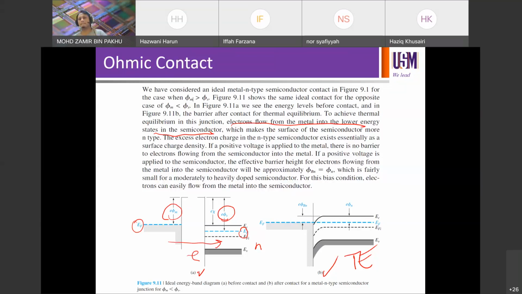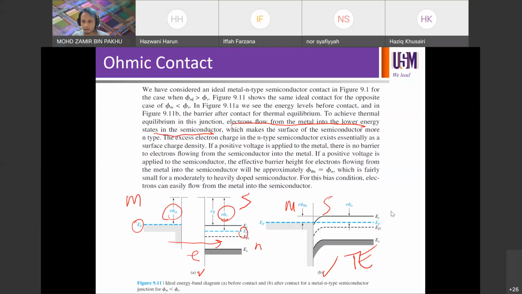Okay, let me just finish off this slide and then we're done. Anyone? Why is it flowing from left to right? Metal into semiconductor. Metal on the left, semiconductor on the right. Why is it the case?